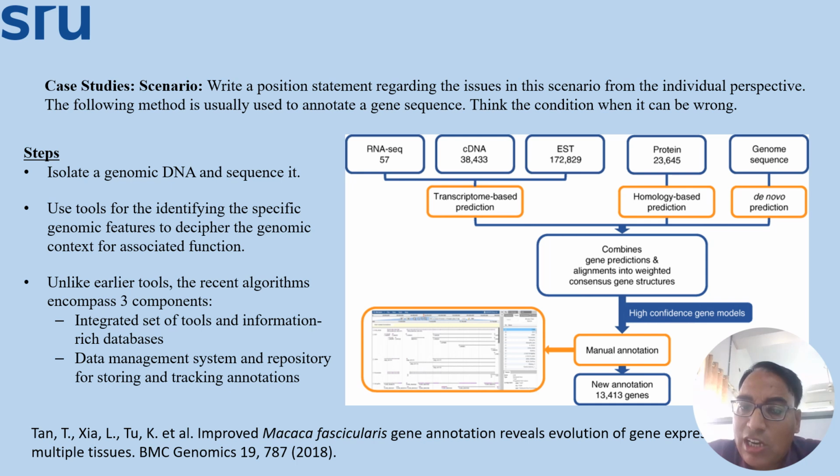And then they showed that if you use all of these parameters, transcriptome data, homology based prediction, de novo prediction, using several different scoring methods, okay, we can annotate the genes in a better way. Okay, this is the most important part. So they could annotate 13,413 genes. So this is the biggest part.